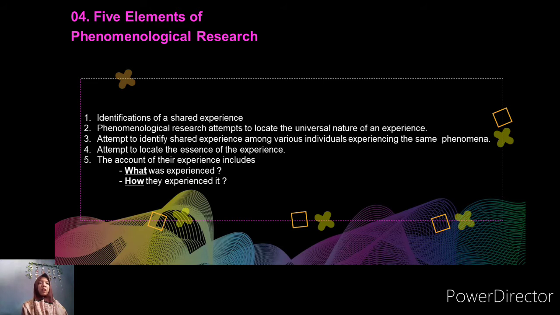Attempt to identify shared experience among various individuals experiencing the same phenomena. Fourth, attempt to locate the essence of the experience. And the last is that the account of their experience has two parts. One, what was experienced, and the other part is how they experienced it.